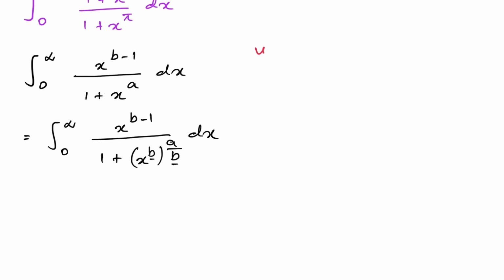Let u equal x to the b, then differentiate: du is equal to b times x to the b minus 1 dx.